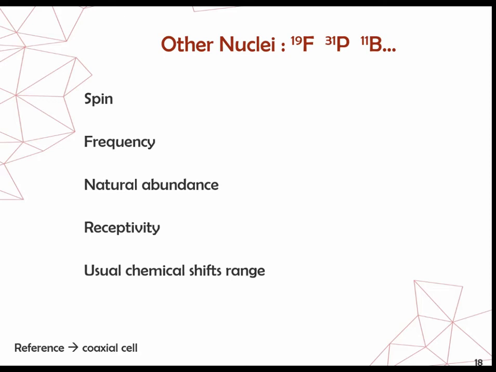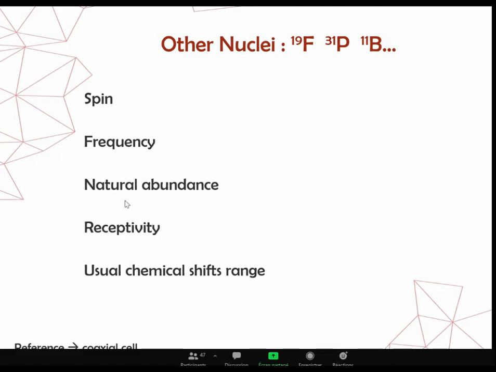The frequency is very important to know if we can observe this nucleus with standard probe heads or not. The natural abundance and receptivity will be very important for the sensitivity of the NMR experiments, and the usual chemical shift range tells you in which window you have to look for the signal you want to see.